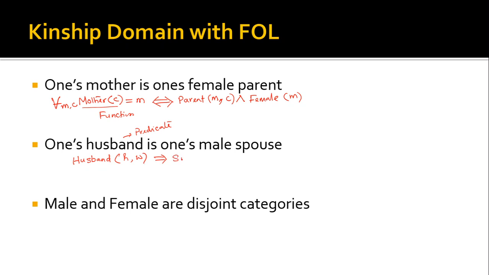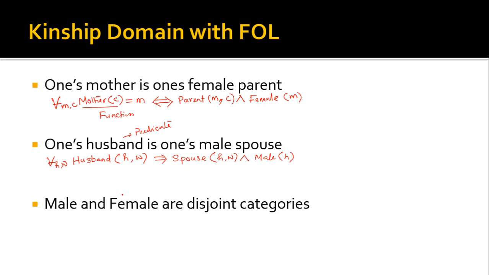So you just say spouse HW, and H is male, right? So this H, a husband, is a male spouse, and it should hold true for all husband and wife.